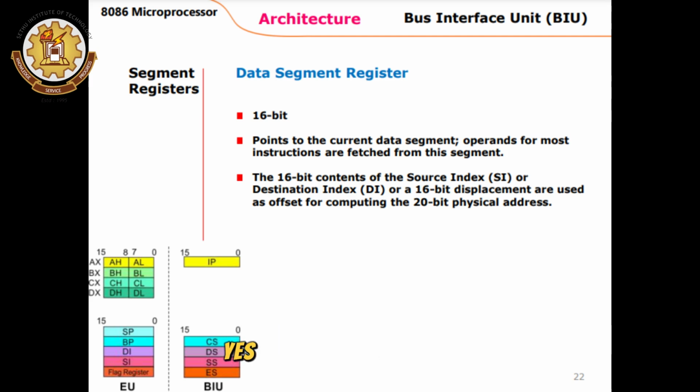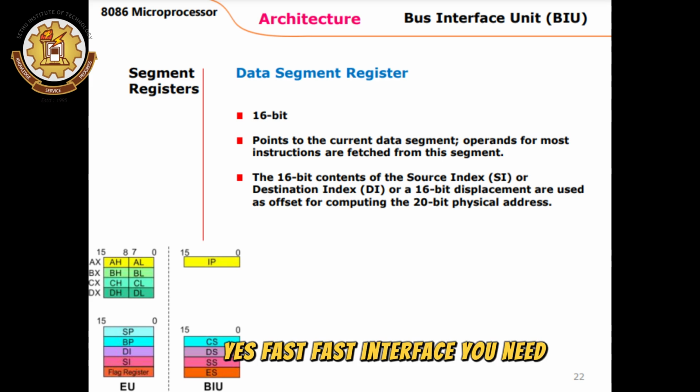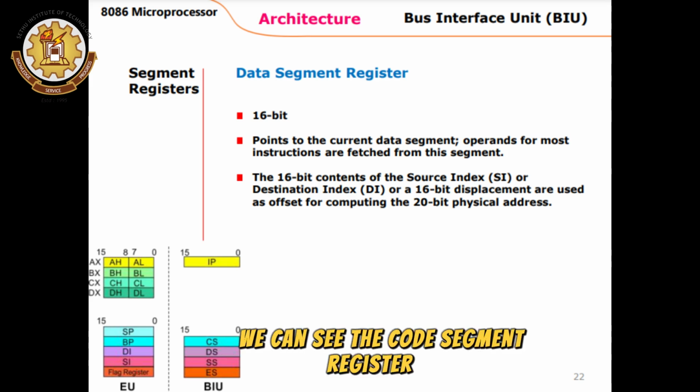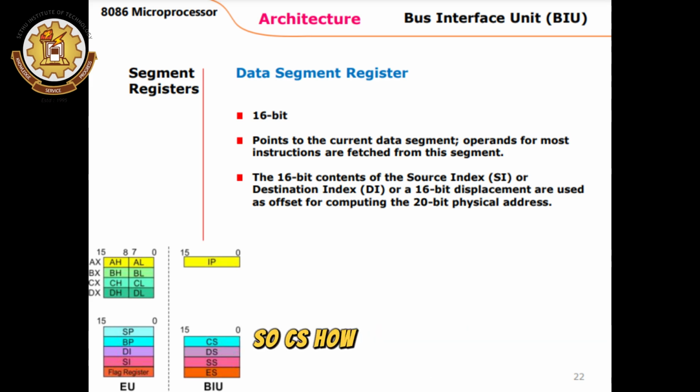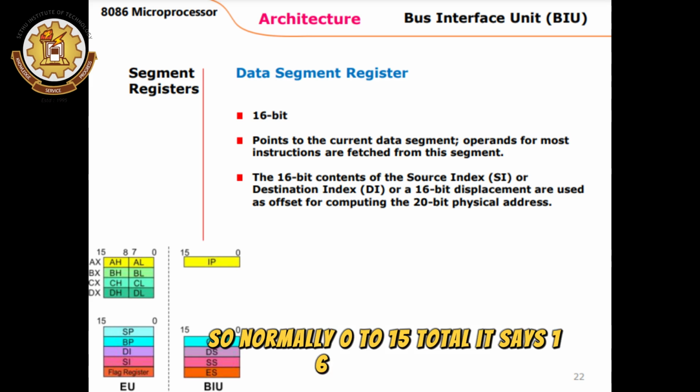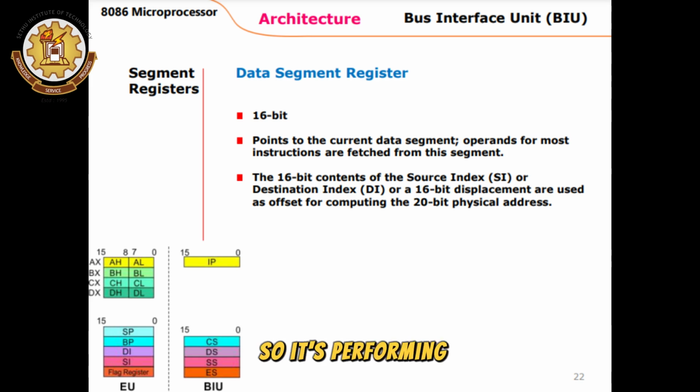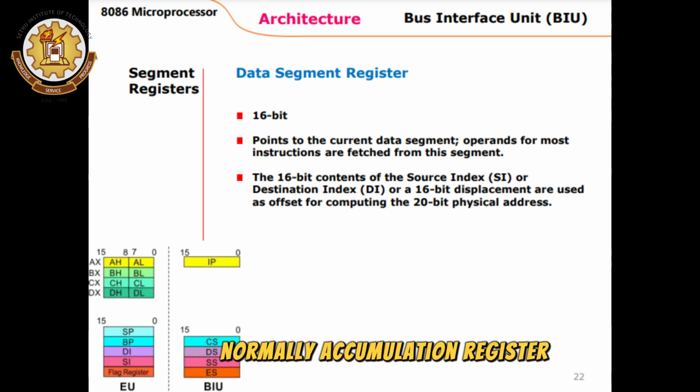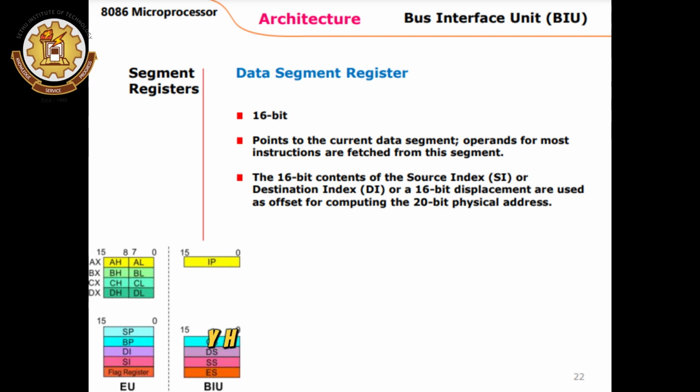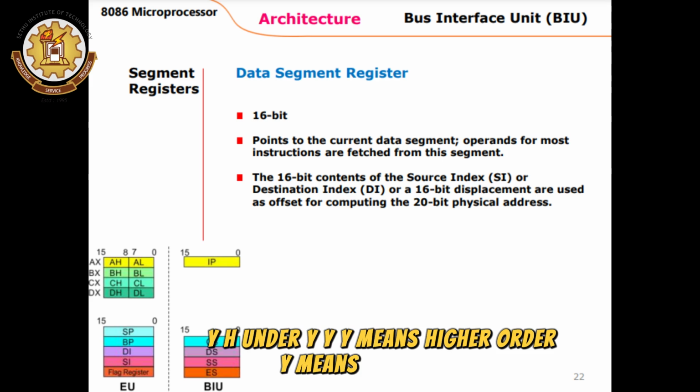First, in the bus interface unit, we can see the code segment register, CS. Normally bits 0 to 15, in total it is a 16-bit register. Like the accumulator register, which has AH and AL: AH means higher order, AL means lower order.